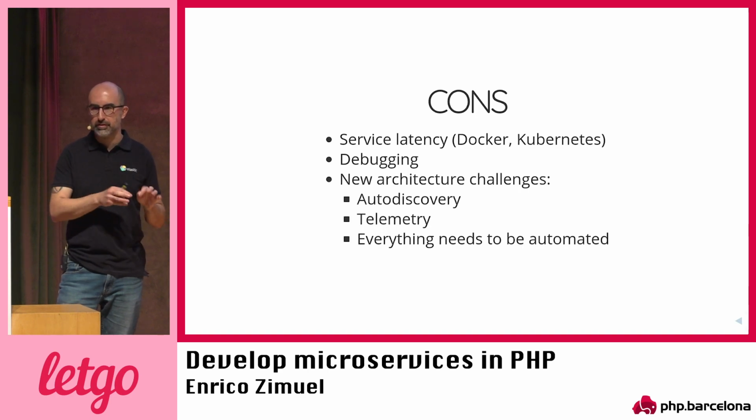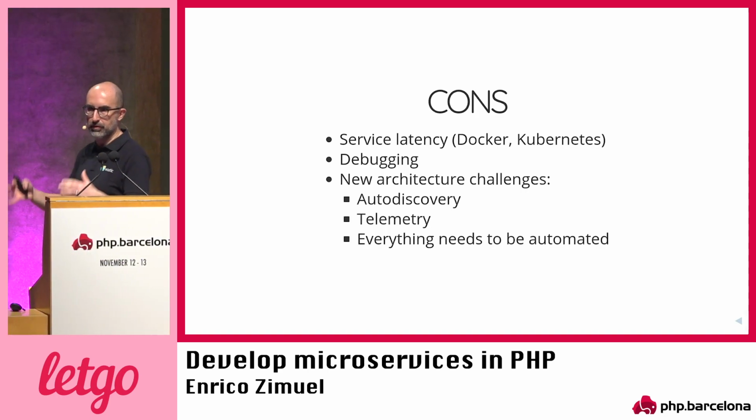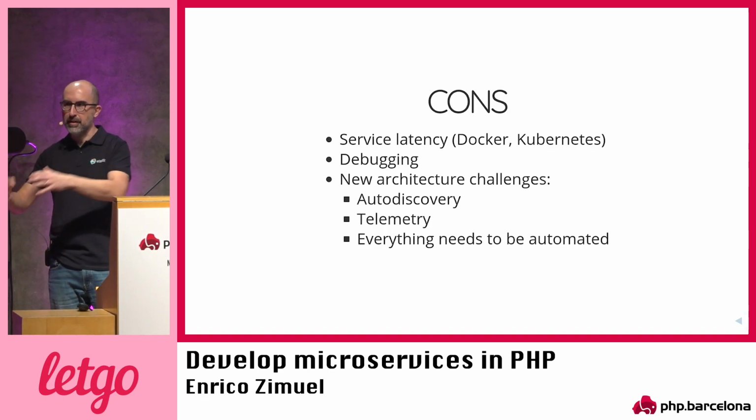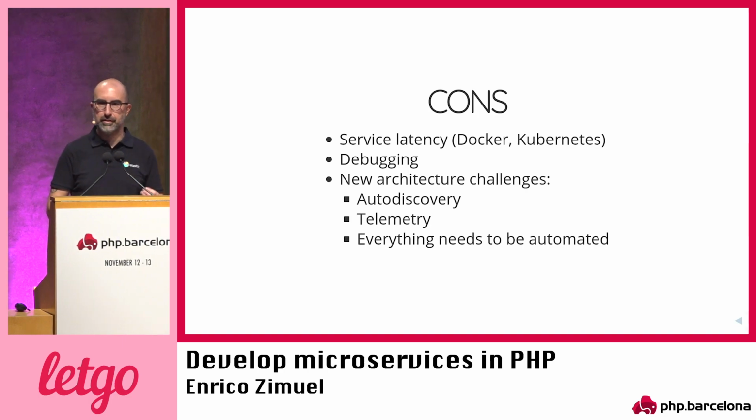Otherwise, if you try to do it manually, you will fail for sure. So you need a very good, solid environment to build microservices. It's not just splitting the code, the real problem comes from the architecture, from the environment, from the services, from the communication. That's the real issue of microservices, it's not the code.